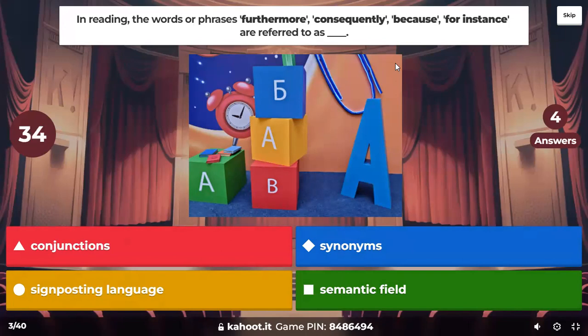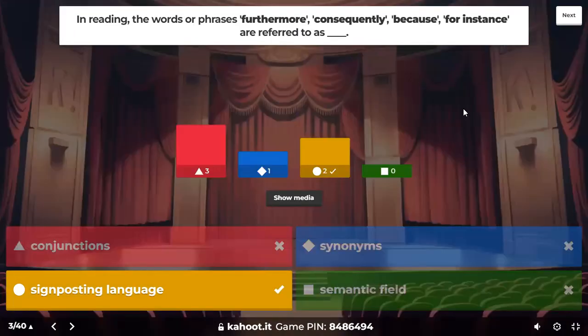I mean, when they appear in a reading comprehension text, you have these words dotted throughout the passage. What do we call them? Conjunctions, synonyms, signposting language, or semantic field? Yeah, this is signposting language.